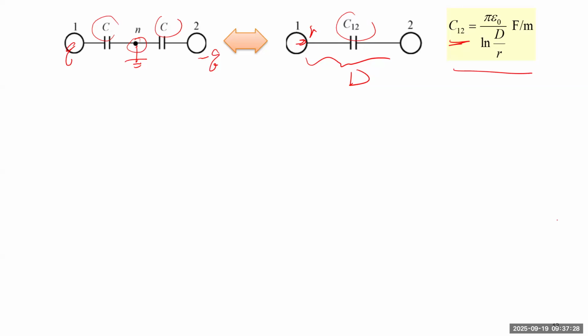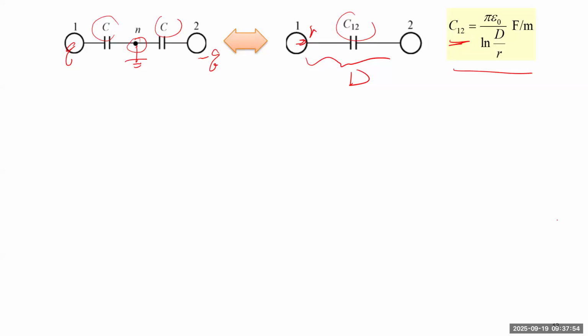So C is what we can use for calculation for each line. So what is C? If the total capacitance between 1 and 2 is C12, and we split that into half, what is each C? Okay, it sounds like C can be half of C12, right?